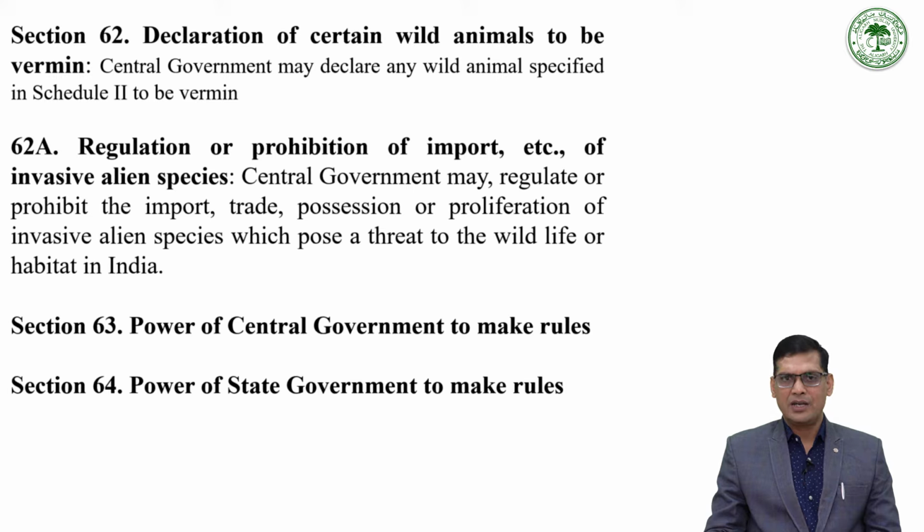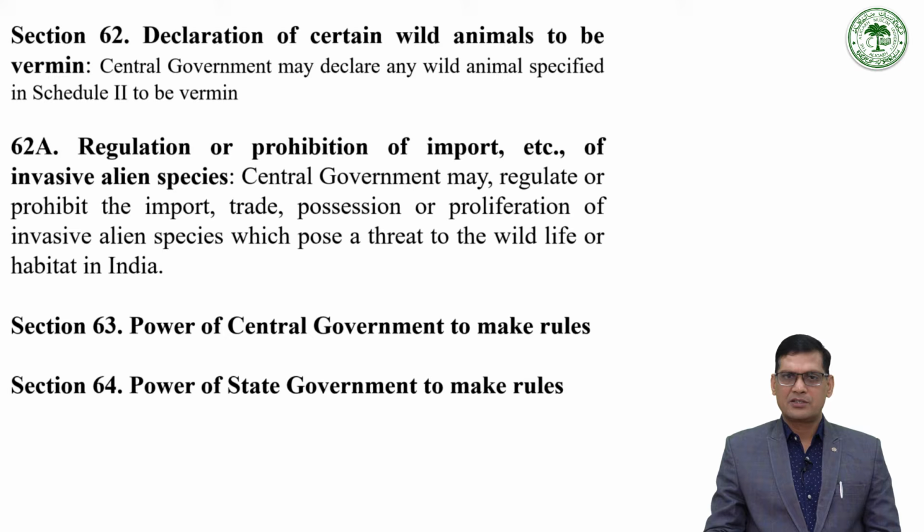Section 62A was added in 2023 to regulate or prohibit the import of invasive species and states that the central government may regulate or prohibit the import, trade, possession or proliferation of invasive alien species which pose a threat to the wildlife or habitat in India.